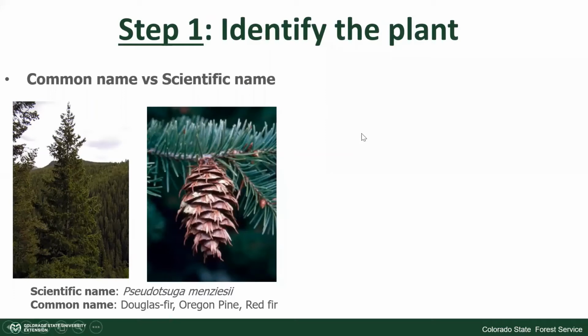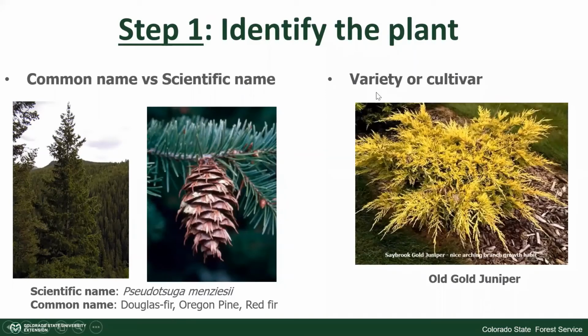In identifying the plant, it's also important, if you can, to know the variety or the cultivar. That's because sometimes varieties or cultivars are developed to have different features than the original plant. This is an example of an Old Gold juniper. If I just see this juniper that is yellow, without knowing that this is an actual variety, I will think, oh no, this plant has some sort of problem.